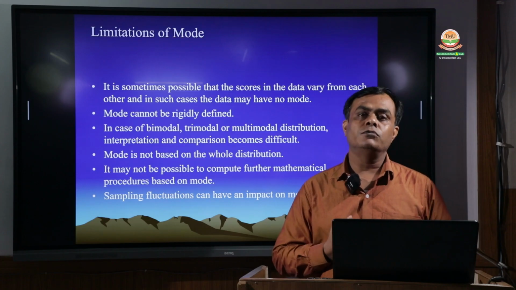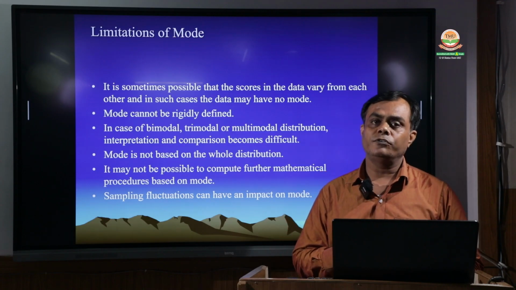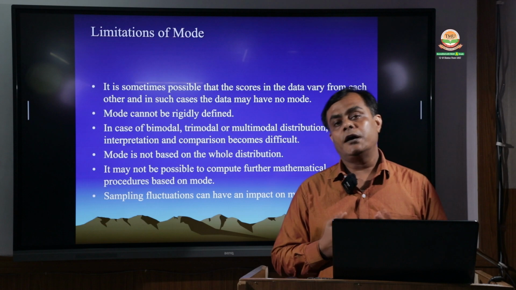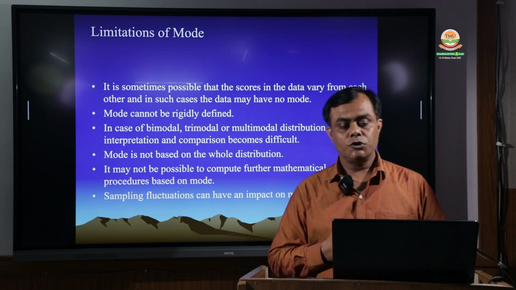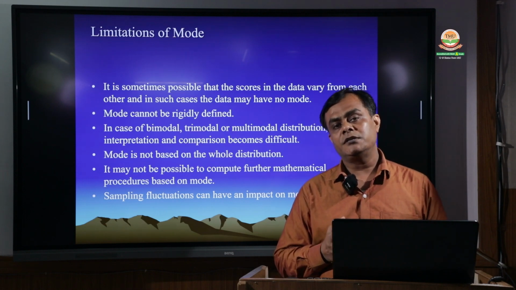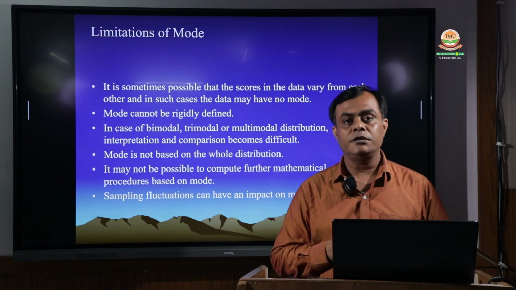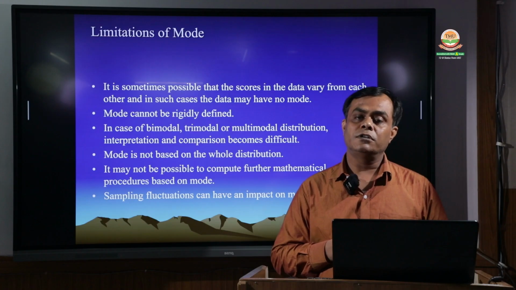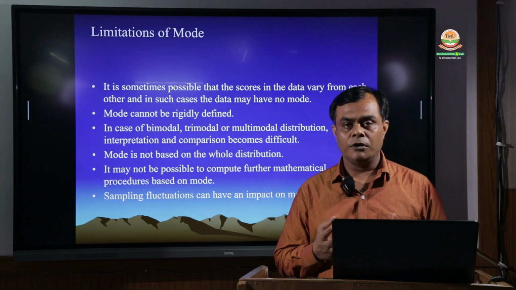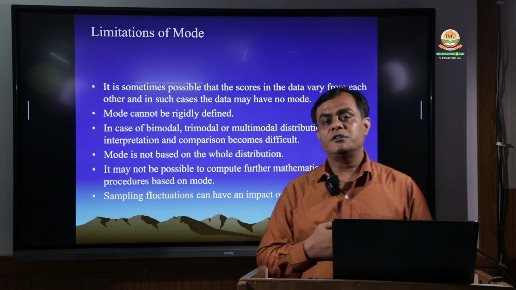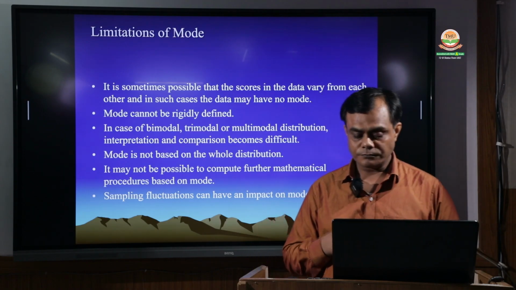But if you want to go for further mathematical calculation, mean and median have much higher importance than the mode. So these are the advantages, limitations and properties of all three different measures of central tendency.